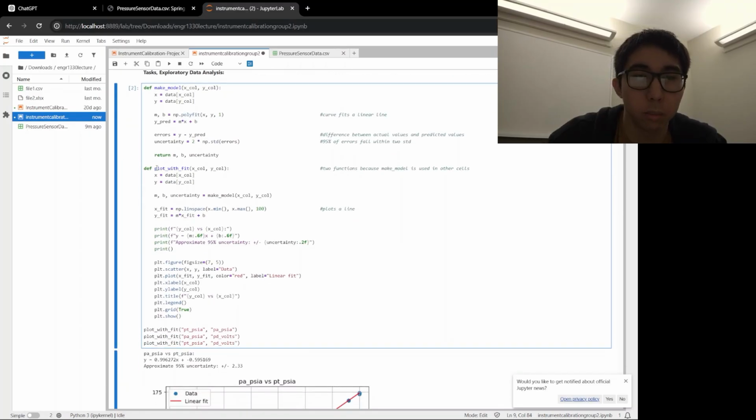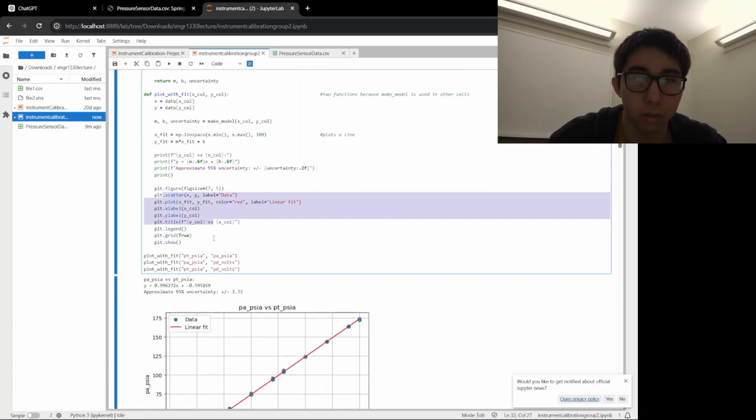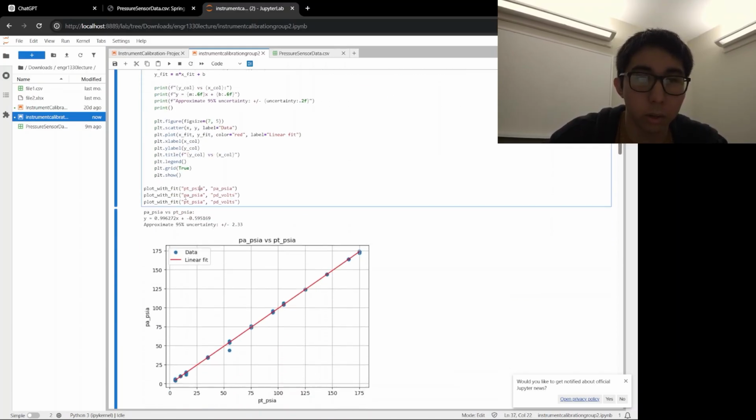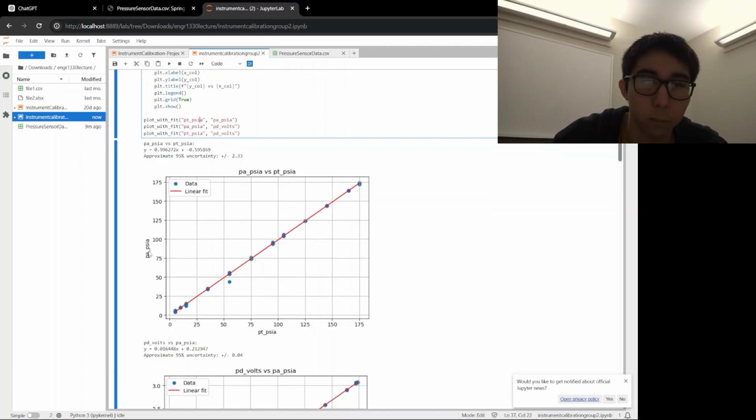And then this plot with fit function basically plots the line given by the make model function, and does all the graph stuff. So here, for the first relationship, we have the true pressure on the x-axis and the analog pressure on the y-axis.